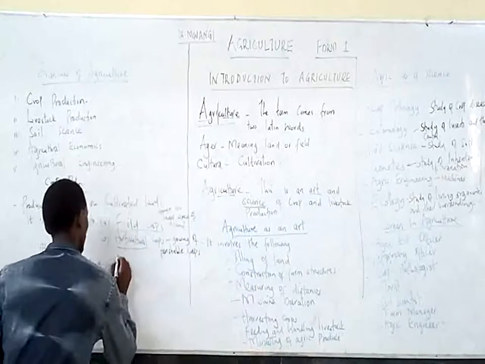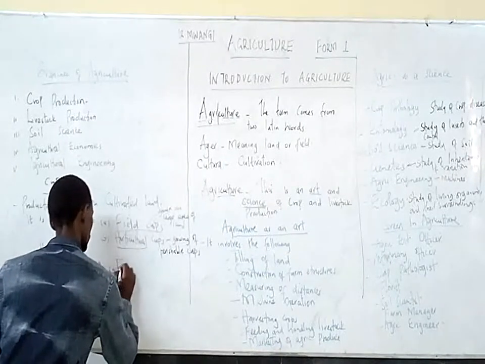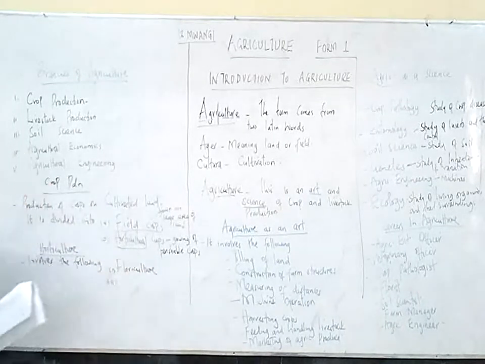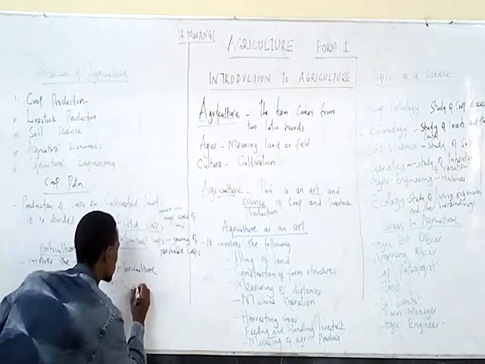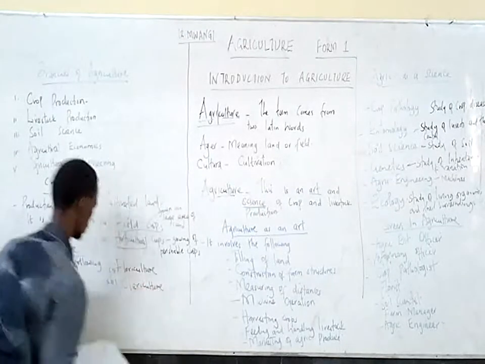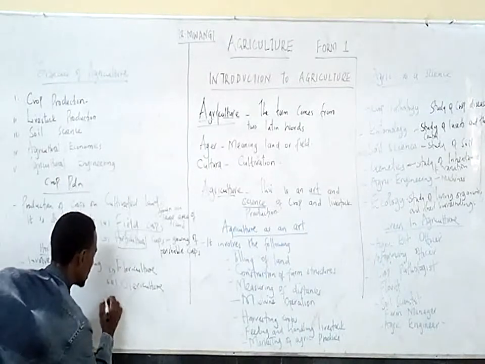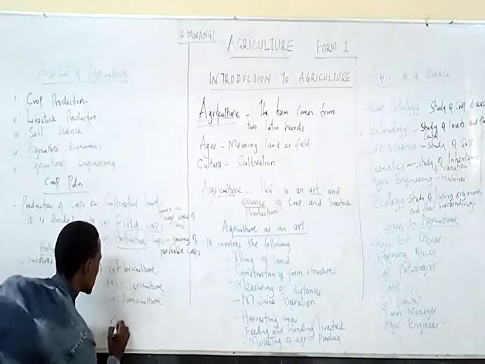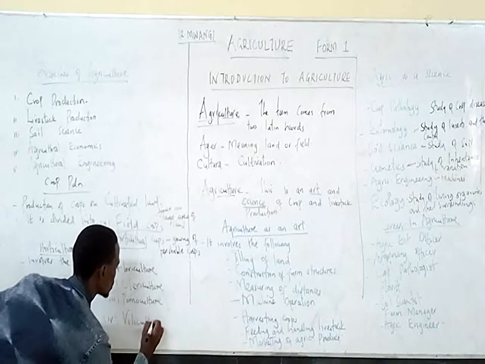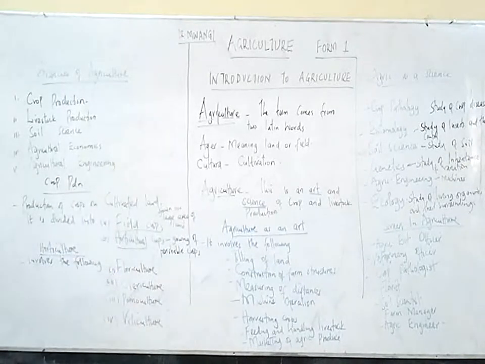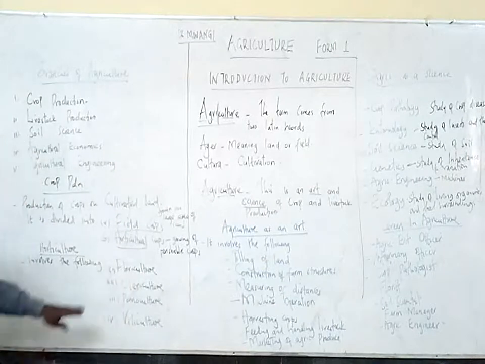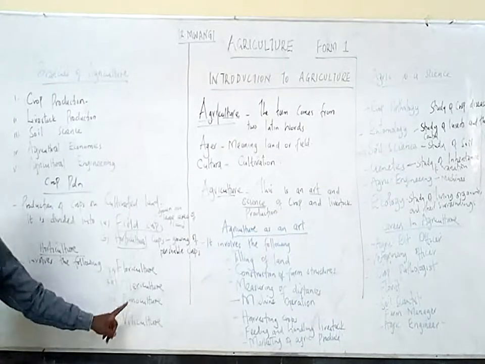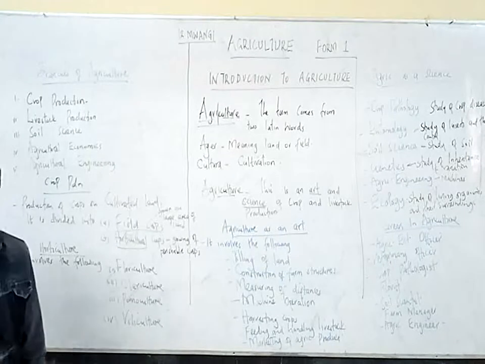We have floriculture, olericulture, permaculture, and even in some cases viticulture. All these are under horticulture.